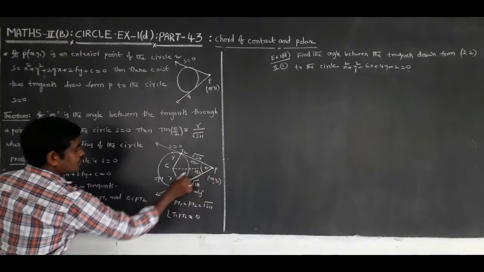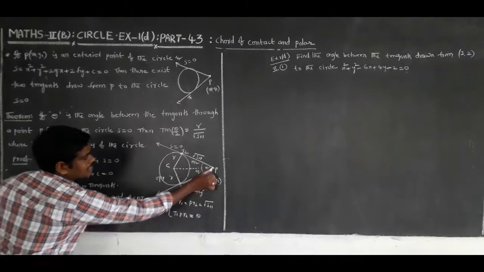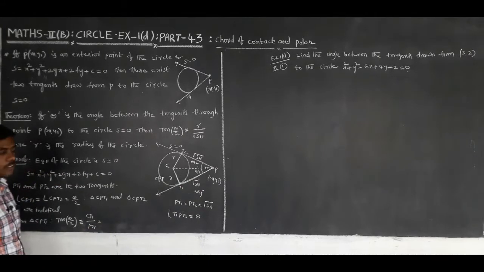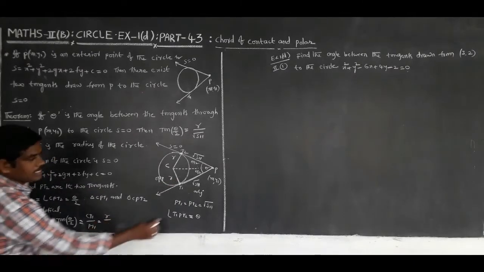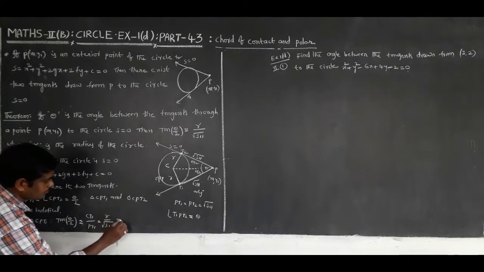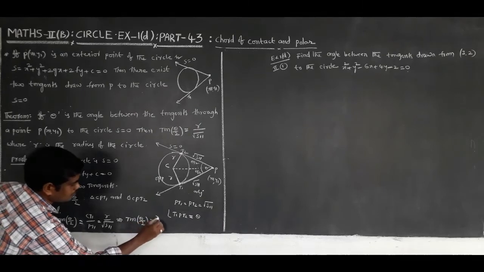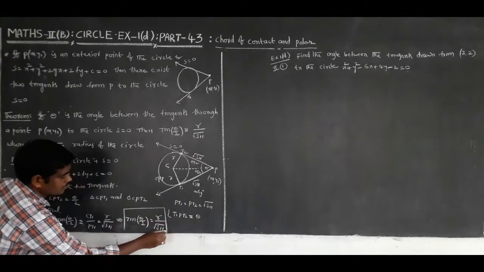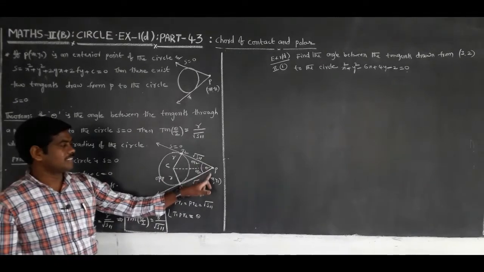Here the opposite side is equal to CT1, which is r. The adjacent side is equal to PT1, which is root S11. Therefore, tan theta by 2 is equal to r by root S11.